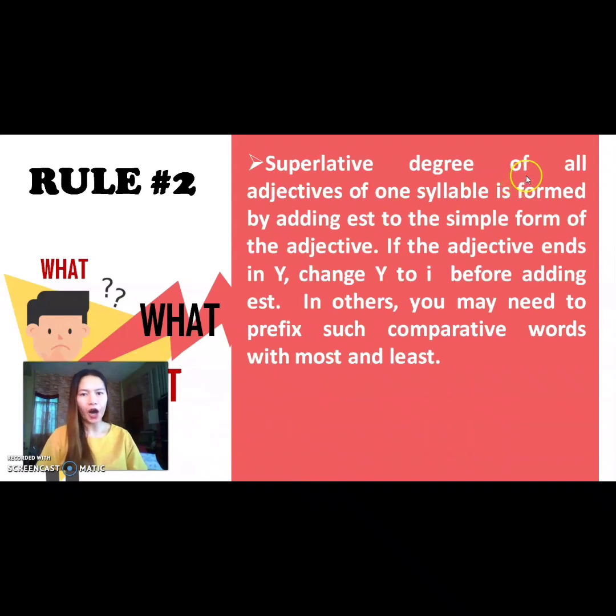Superlative degree of all adjectives of one syllable is formed by adding est to the simple form of the adjective. If the adjective ends in y, change y to i before adding est. In others, you may need to prefix such words with most and least.